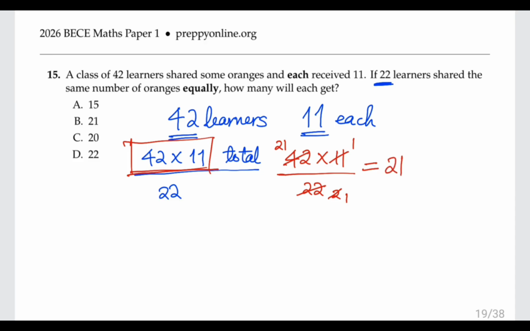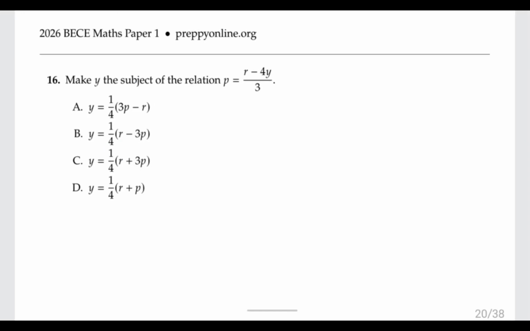That means that if 22 learners share the same number of oranges, everybody is going to get 21. This is one way of doing it. Another way of thinking of it, maybe I should let you comment if you have another way of doing it, but I see another way of doing it that I'd like you to tell me about.